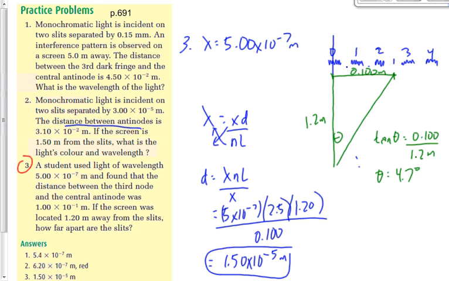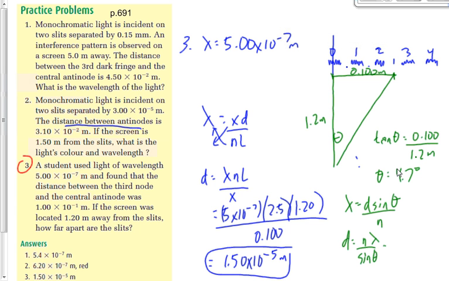Thank you, Hayden. Now that we have that theta, we could absolutely go back and say lambda is equal to d sine theta over n. Sorry, we're solving for d again, right? So we're going to rearrange that. D would be equal to n times lambda over sine theta.